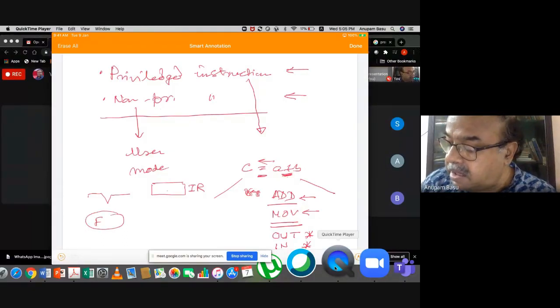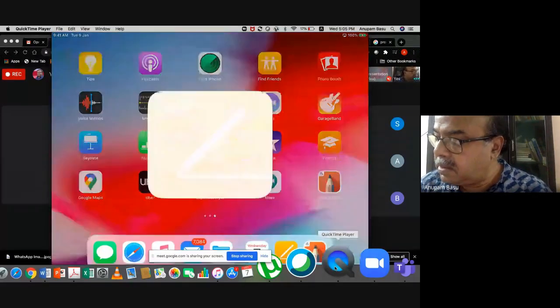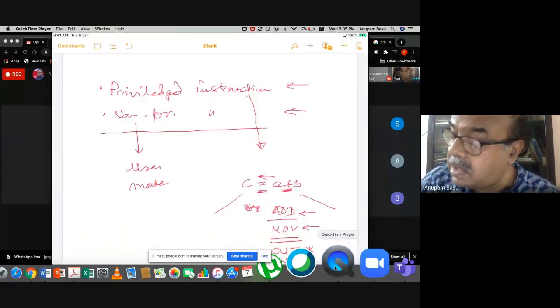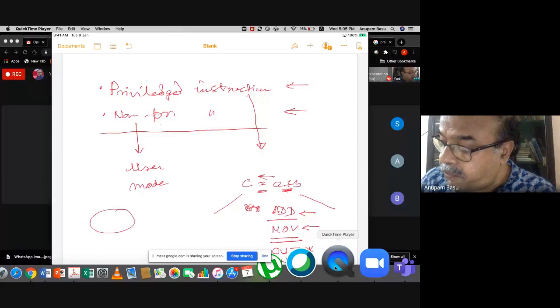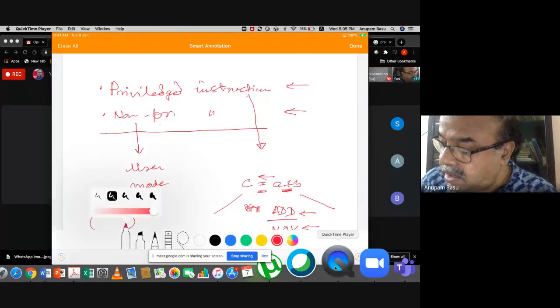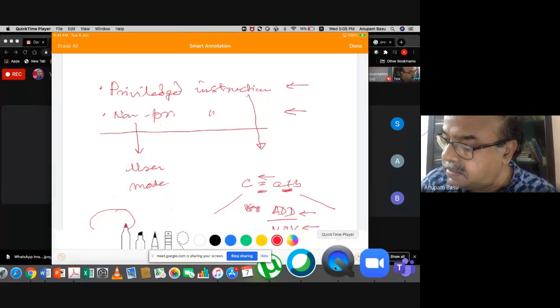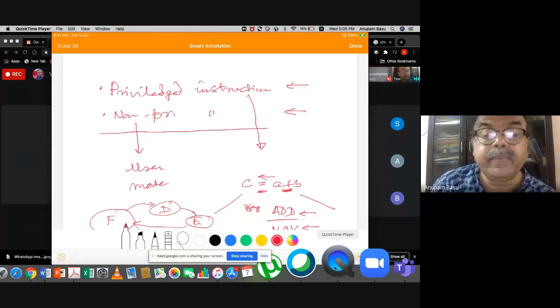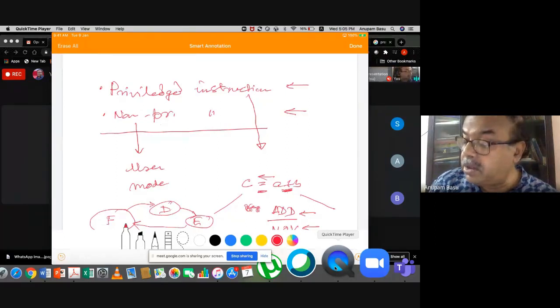Fetch, then decode, then execute. This was there in your computer organization. Any instruction executes in this way. Do you remember this? Yes or no?